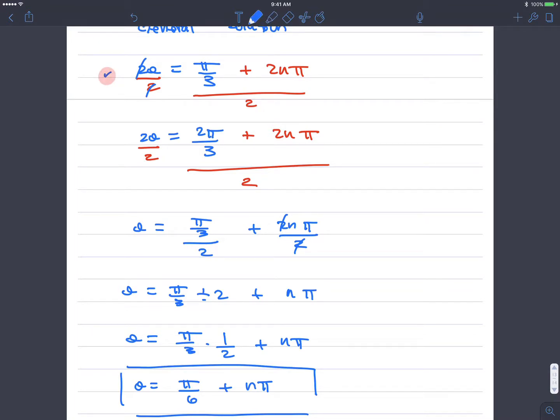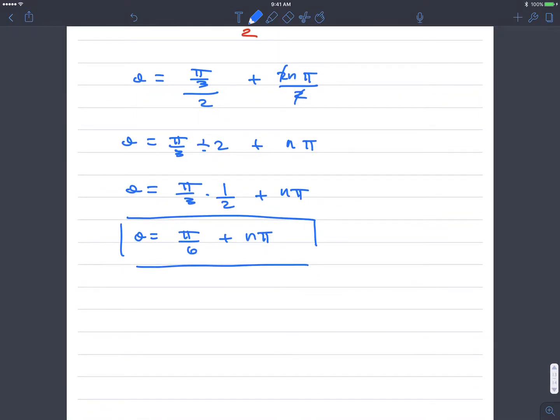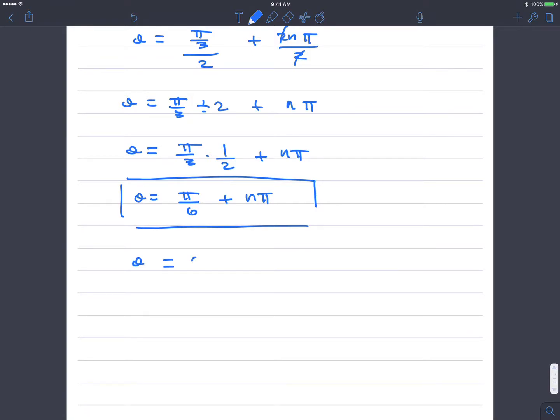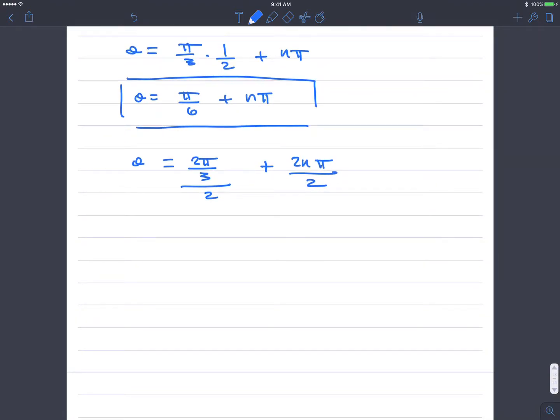The second equation, we do the same thing. Notice again, your 2's are going to cancel. Is that right? And then you get theta equal to. What happens now? You have 2 pi over 3 divided by 2 plus that 2n pi divided by what? Divided by 2. So do your arithmetic.